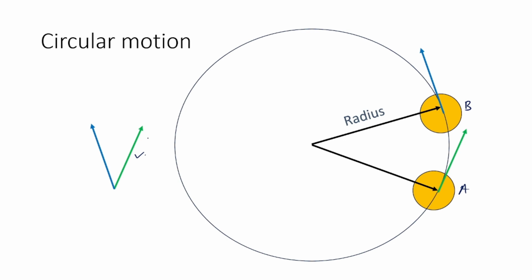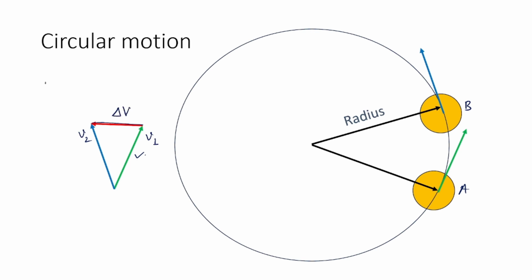Now because they both are velocities at point A and B, the change in velocity is represented by a new vector, which will be something like this. So let's draw that new vector, and this is the red vector, which represents the change in velocity, delta v.